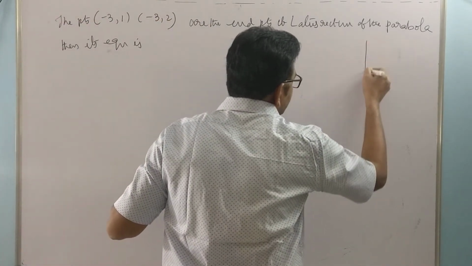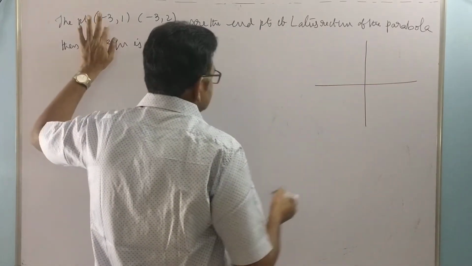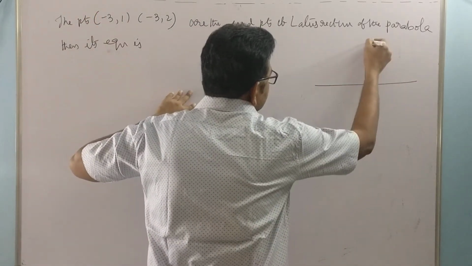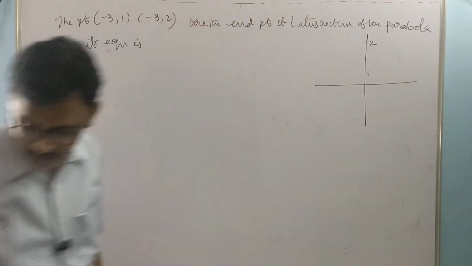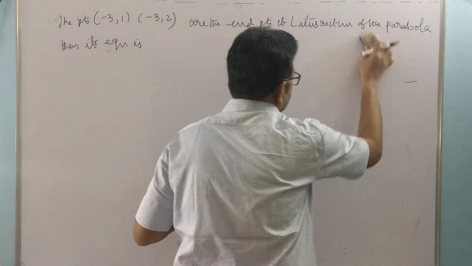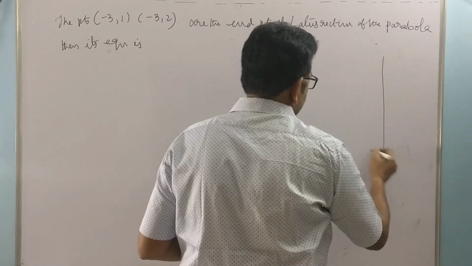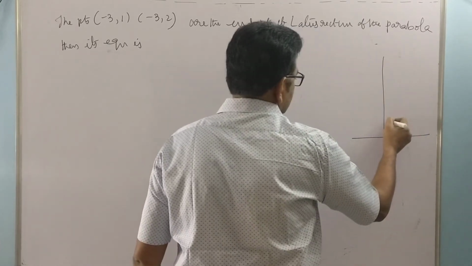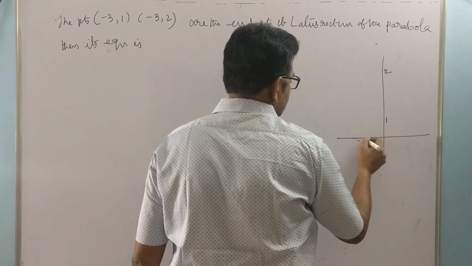Just for an idea, you can draw this. Let this be 1, this is 2, and this is minus 1, minus 2, minus 3.